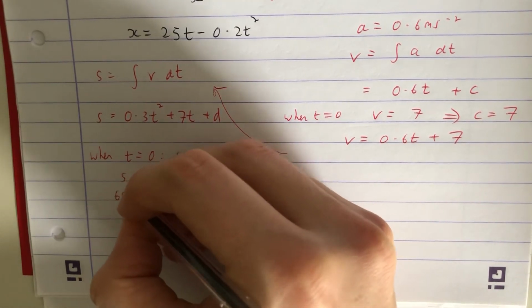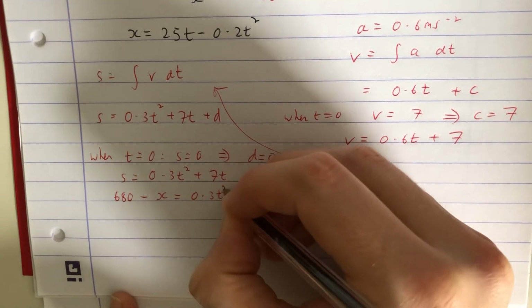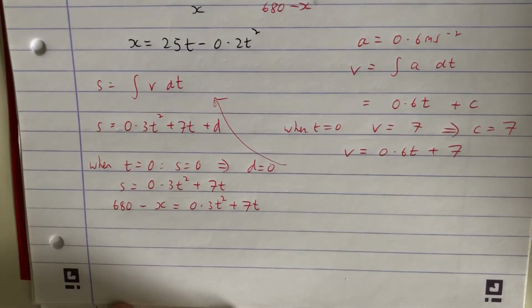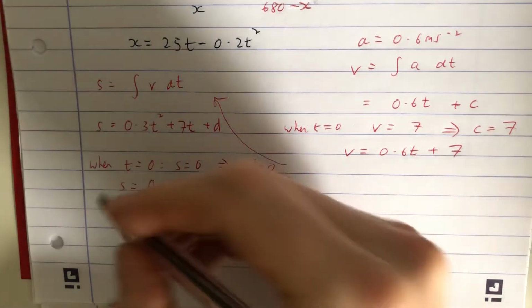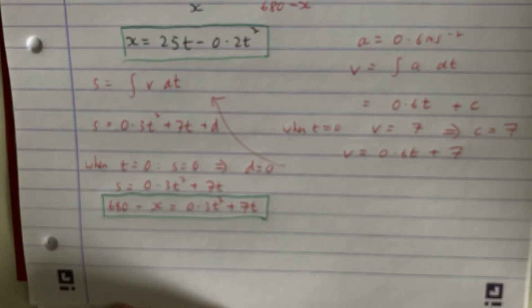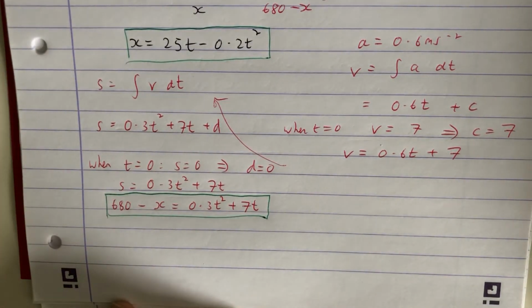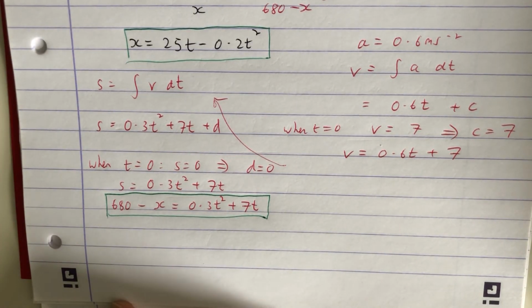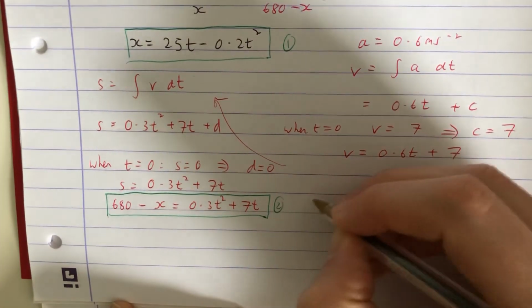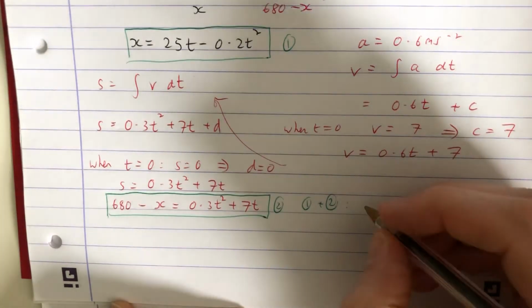So 680 subtract x is equal to 0.3t squared plus 7t, and then that equation there and that one there are simultaneous equations with x and t, so you need to solve these simultaneously. I'm going to add them together. Just call that 1, call that 2, add them, because the x's disappear.